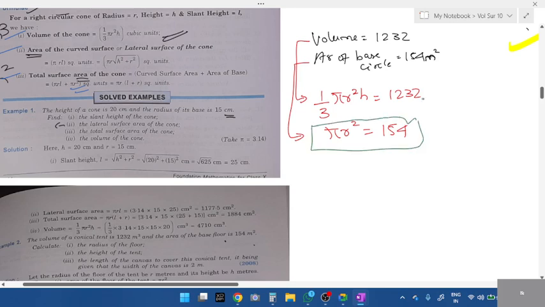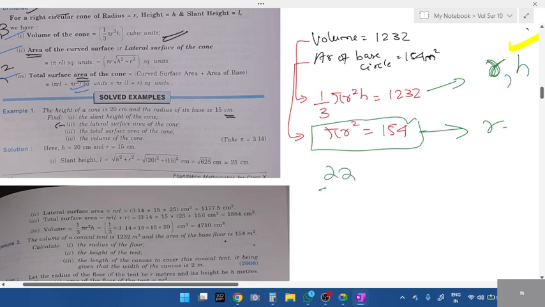First equation and second equation. In the first equation, how many unknown variables are there, students? R and h. In one equation, two variables are given. It is not possible to find. What about the second equation? Which is missing? R is missing. So start with the second equation.